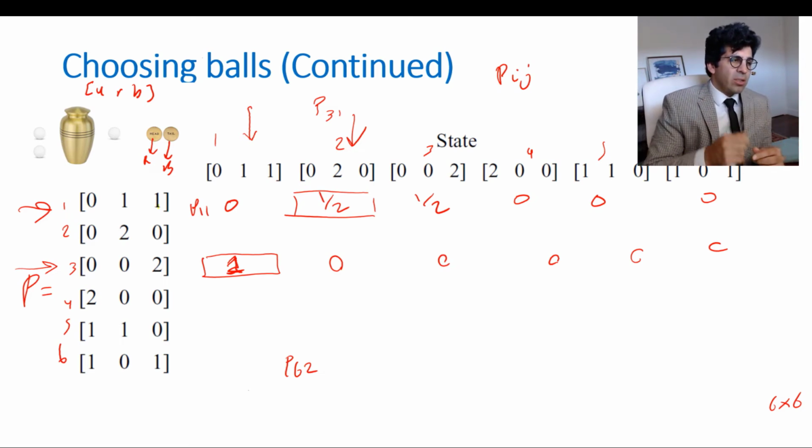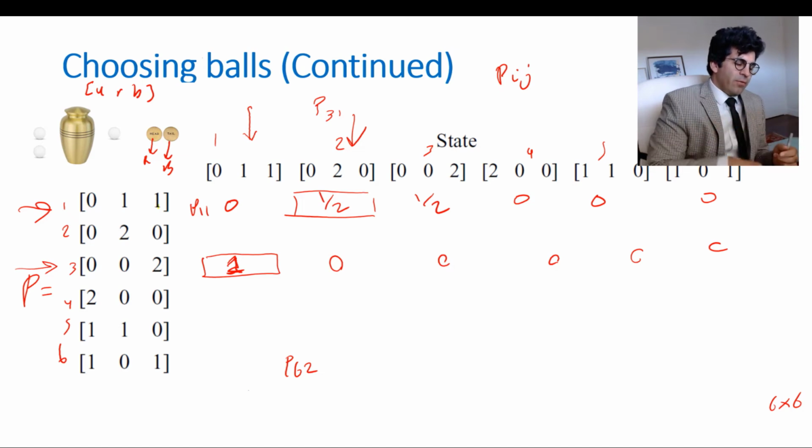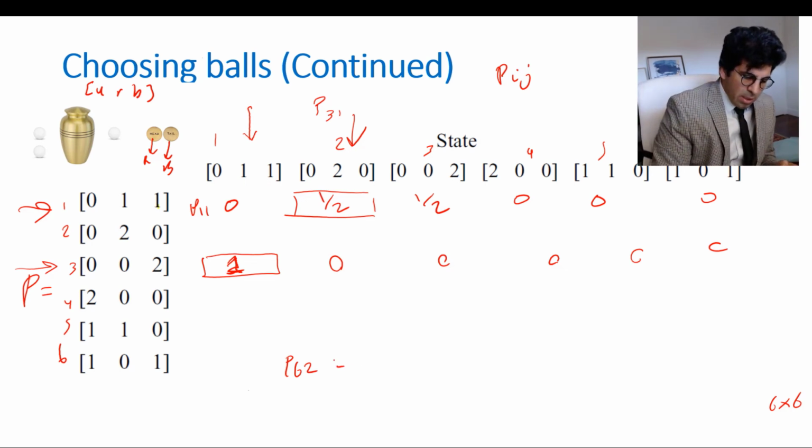It's possible that you have one unpainted, one blue and end up at some point in the future with two reds, but not in one step. You already have one blue. You take it out. If it's blue, you paint it red, put it back. Now you have one unpainted, one red, not two reds. If you pick the unpainted one and you're lucky and you flip the coin, you get head, then you're gonna have again at best one red, one blue. So that probability is 0.